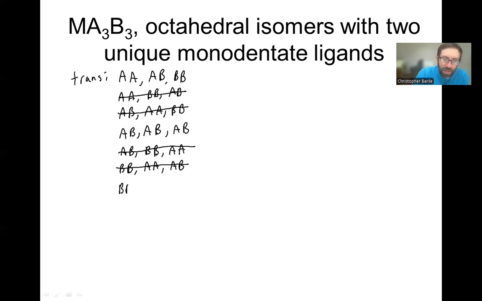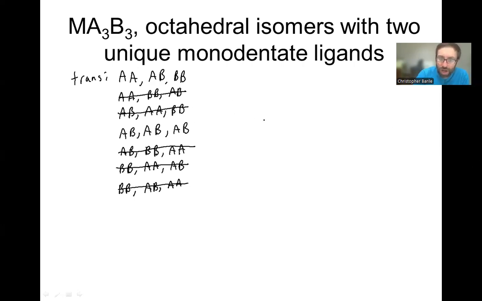And so BB, we could try AB, that forces this as AA, but that's just the same as above, just the last two switched. And then from there on, we're basically done because we have BB, and the only thing we could do left would be BA, but that's again having a trans pair in reverse alphabetical order. So this is the systematic way to prove that there's only two isomers for MA3B3.